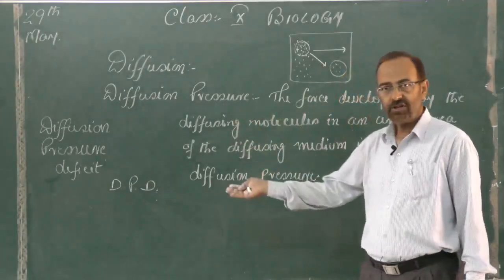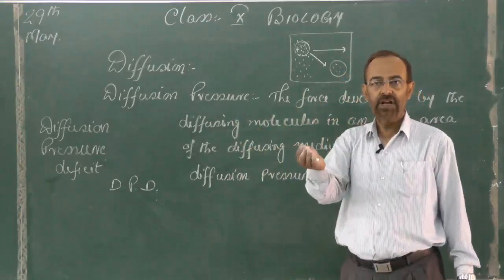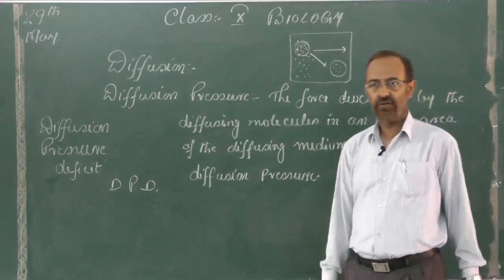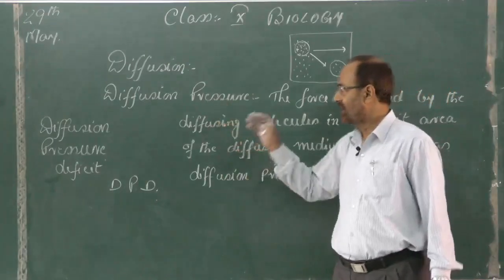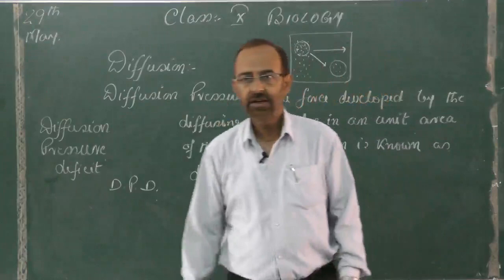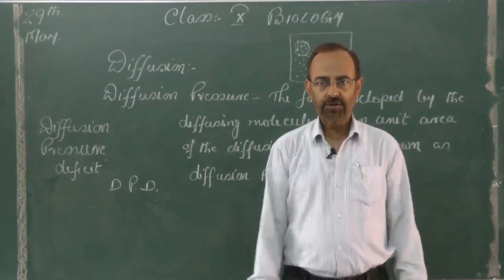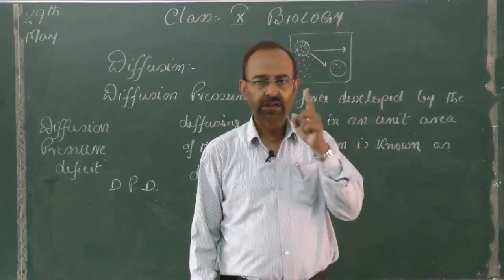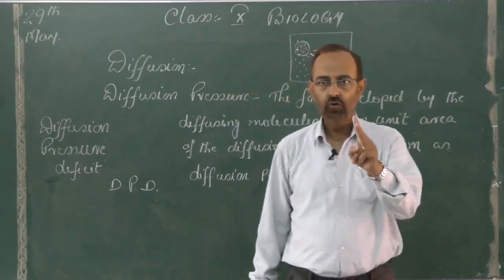Greater is diffusion pressure deficit, faster will be diffusion. Lesser is diffusion pressure deficit, slower will be the process of diffusion. So this is diffusion pressure deficit and the importance of diffusion pressure deficit. The diffusion pressure deficit, number one, determines the direction of diffusion, and number two, the rate of diffusion.